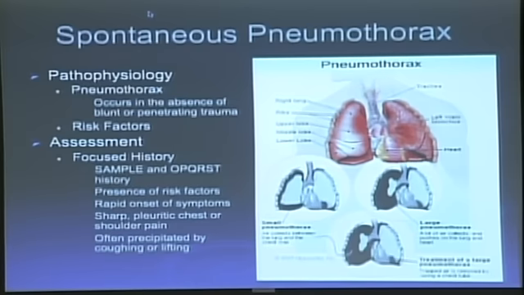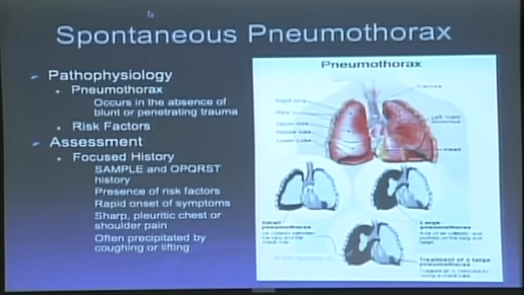A spontaneous pneumothorax is painful. The symptoms are sharp pleuritic chest pain, often shoulder pain, particularly if it's a lower bleb near the diaphragm. Often preceded by coughing or lifting maneuvers.